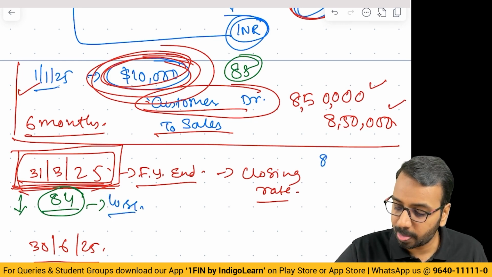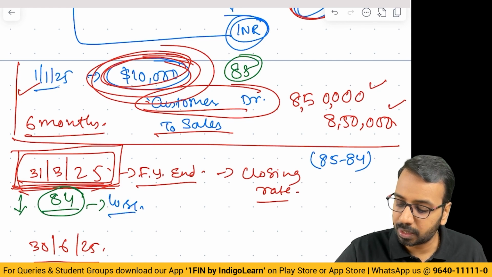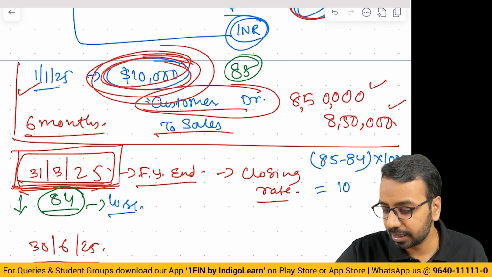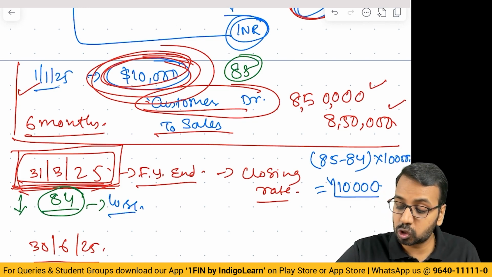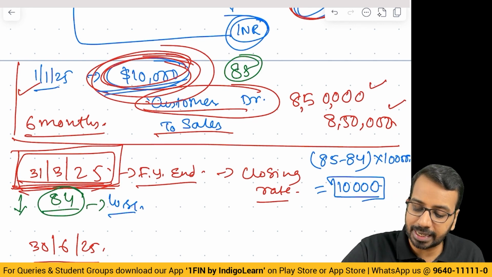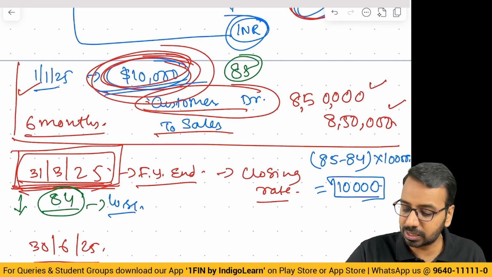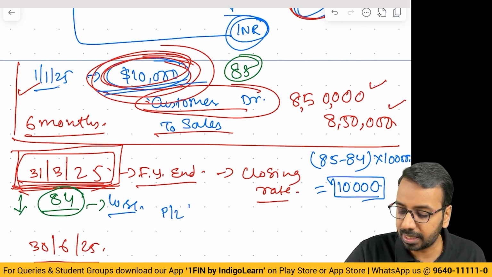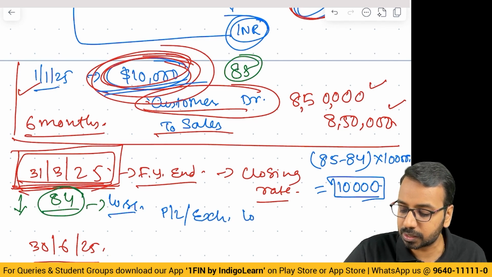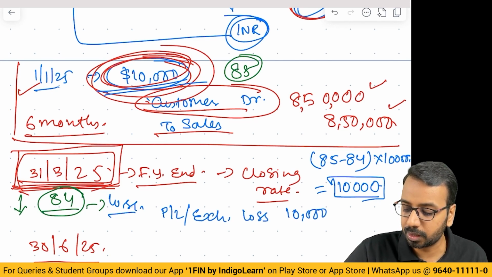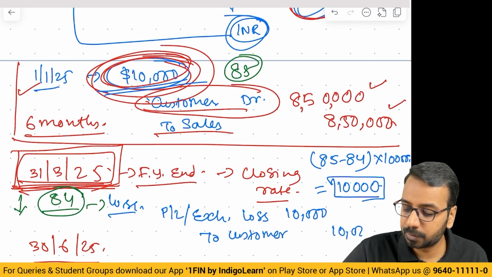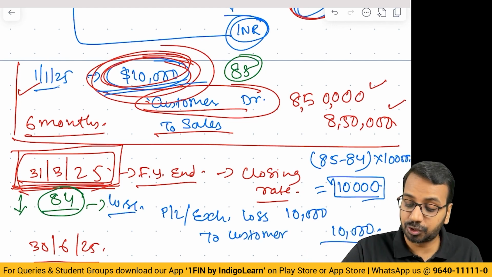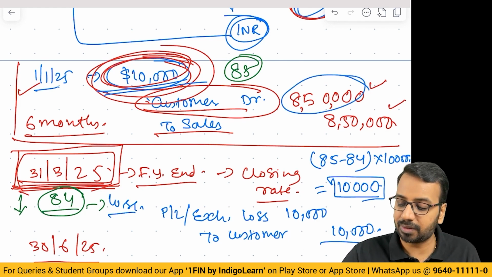How much is the loss? 85 minus 84 multiplied by 10,000 is my loss. So this loss becomes 10,000. So what the standard says is this loss of 10,000 on this item you have to recognize. So when I recognize loss, I will debit P&L or I will debit exchange loss 10,000 to customer 10,000. And in the balance sheet, I will say customer is not at 8,50,000.